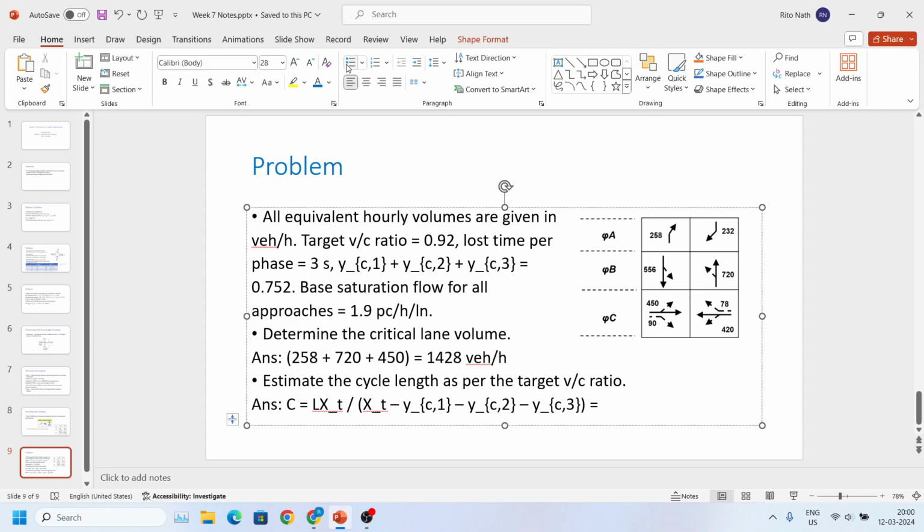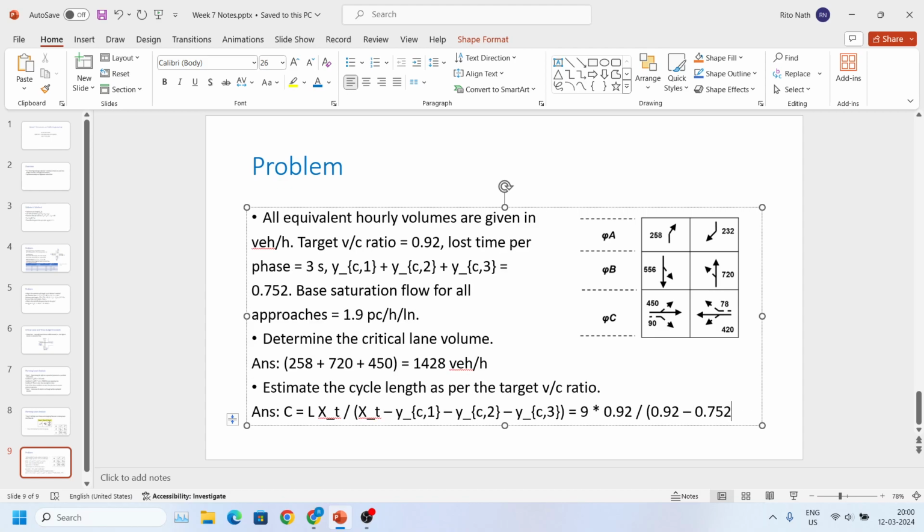So you have three phases, and lost time per phase is given as 3 seconds. So your total lost time is 9 seconds. Then you have 0.92, which is your target, divided by XT, which is 0.92 minus 0.752. So that would be your answer in seconds.